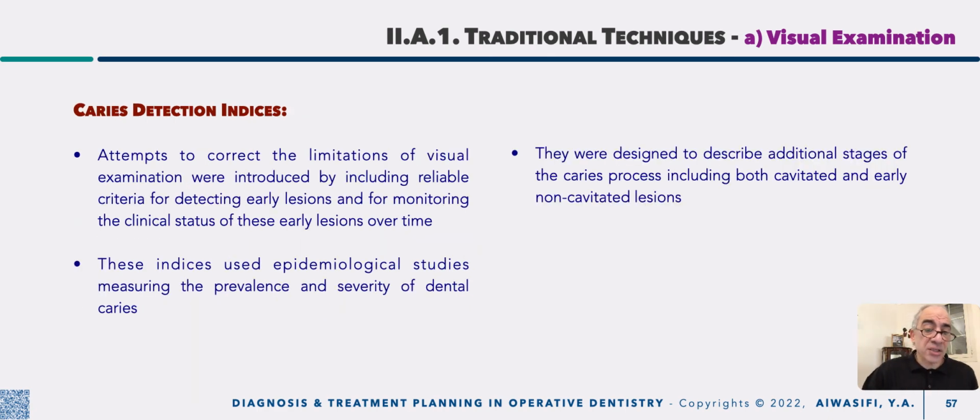recent modifications, starting from the new century, 20 years ago or less, I think just 15 years: what are called caries detection indices. They are an attempt to correct the limitation of visual examination, introduced by including reliable criteria for detecting early lesions and for monitoring the clinical status of these early lesions.